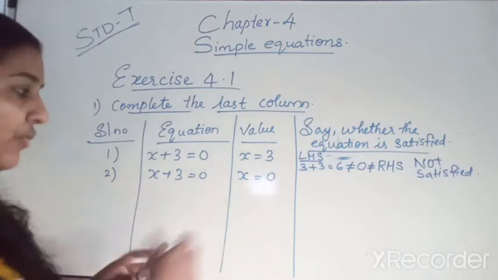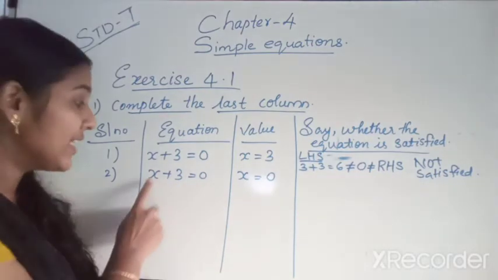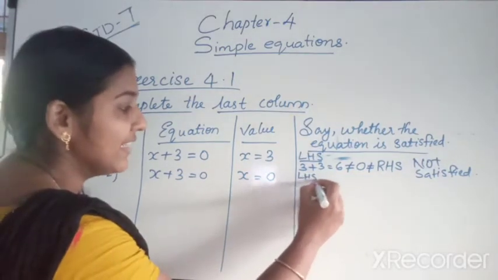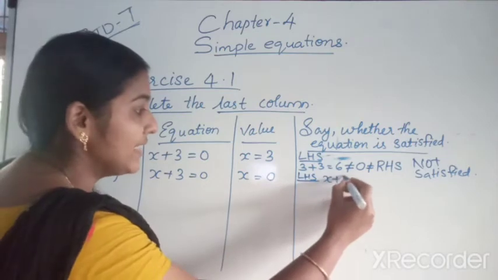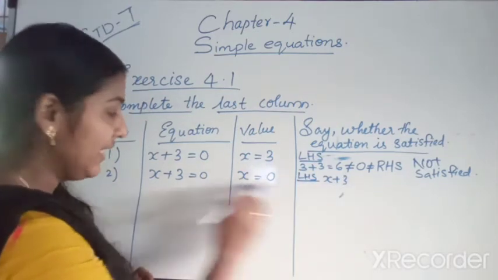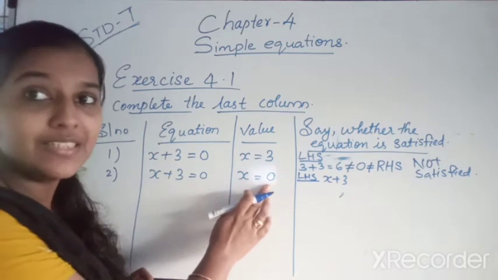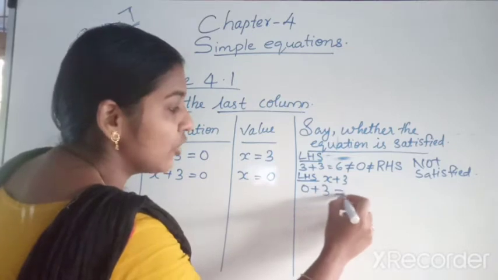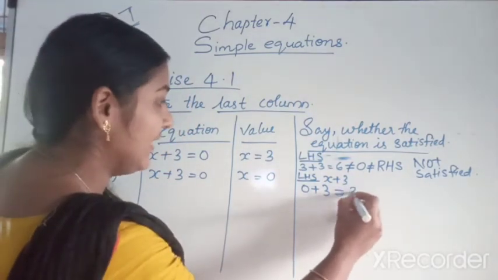First take the LHS of this equation, that is x plus 3. Instead of x, you can write 0. So 0 plus 3 is 3.